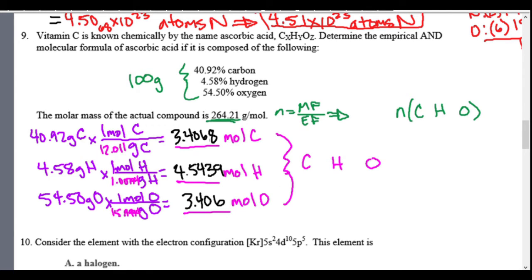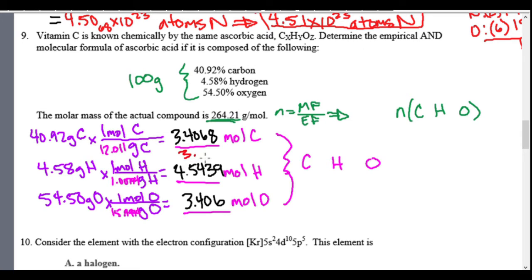So we're going to divide all of these by the smallest, and it looks like the smallest number happens to be oxygen, which it usually tends to be. Look at the molar masses here: we have about 16, 12, and 1. So if this number is about the same size as this one, we're dividing by 16 here and by 12 there. That's just something to keep in mind. It's usually going to be oxygen. Not always, but usually.